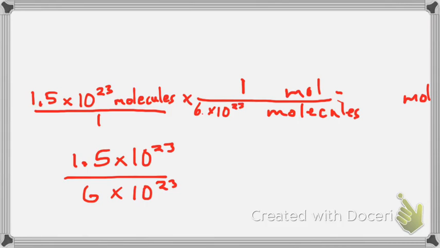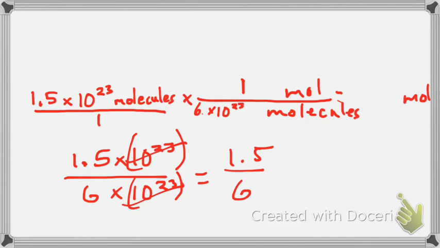Now, according to your algebra rules, 10 to the 23rd divided by 10 to the 23rd, those cancel off with each other. So this is written as 1.5 divided by 6. Now, hopefully you can do this by hand, or at the very least by a calculator. 1.5 divided by 6 equals 0.25 moles, and that is your final answer.